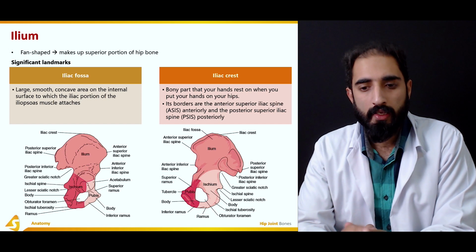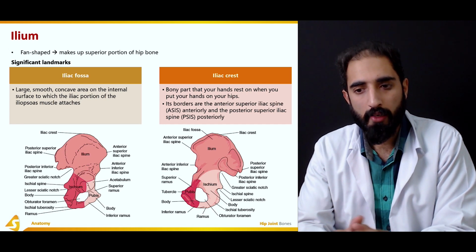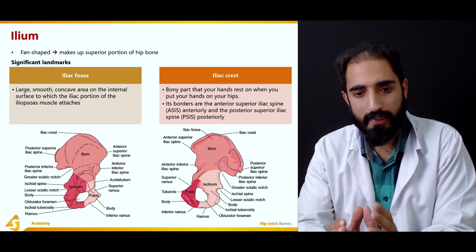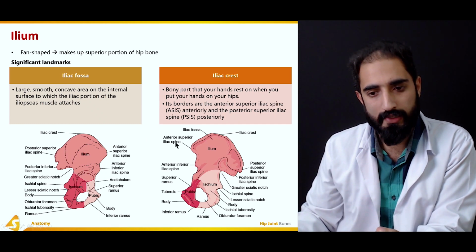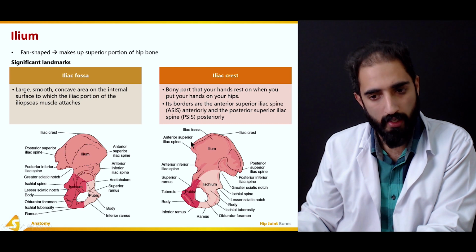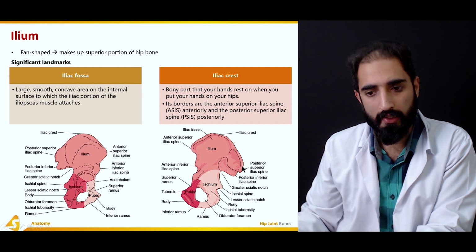And the anterior and the posterior ends of this iliac crest end up as two structures known as the anterior superior iliac spine on the anterior aspect and the posterior superior iliac spine on the posterior aspect.